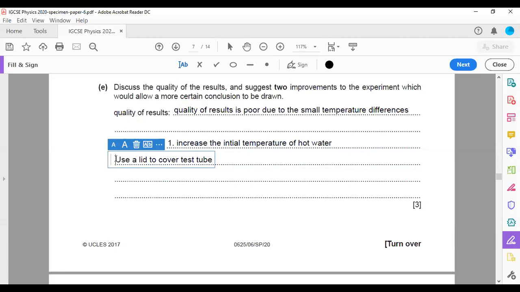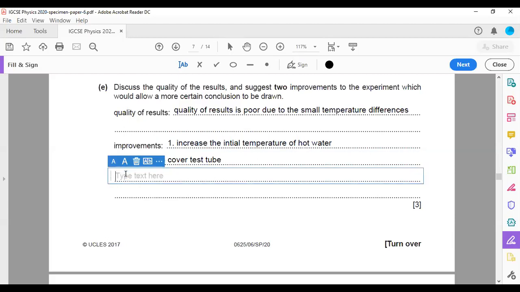So that's a second way to improve it, and a third way, you could stir the water to eliminate the temperature differences.